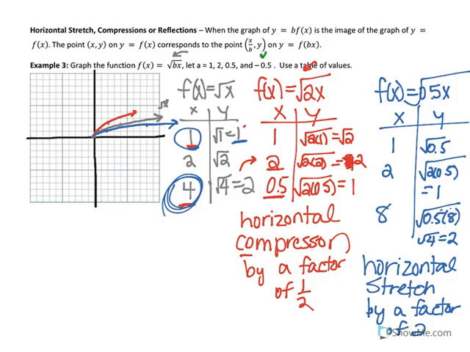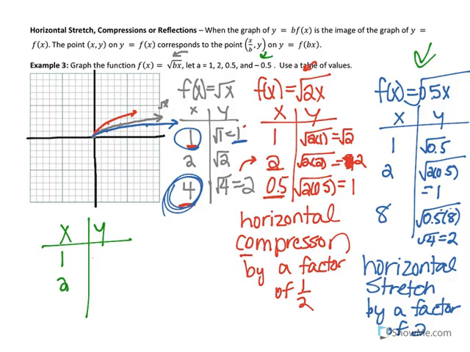Okay, and if I wanted to do negative 0.5x, it's going to be the same as this graph, but reflected on the y-axis. Just kidding, I have that backwards.